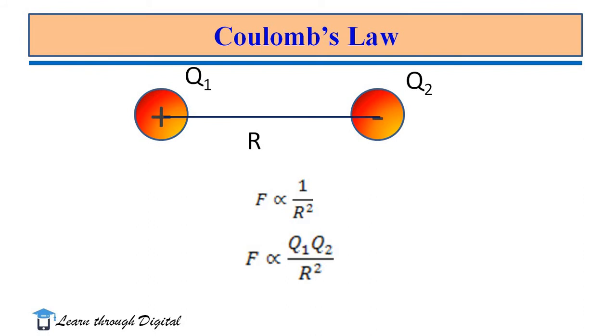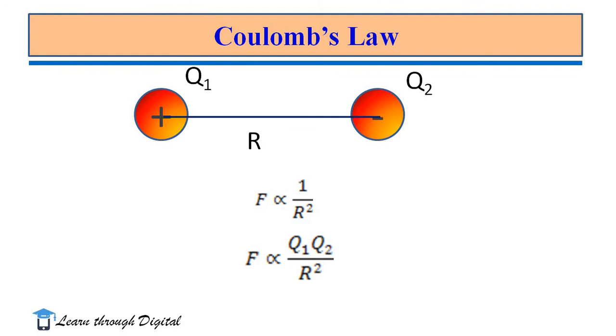Now, keeping the charges fixed at Q1 and Q2, if we bring the two charges nearer to each other, the force between them increases. If we take these charges away from each other, the force between the two charges decreases.